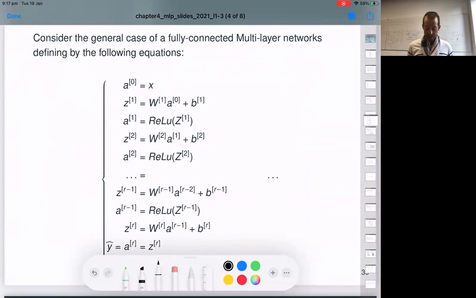So at each step, for each layer, the first layer hidden 1, the hidden 2, up to the hidden layer R-1, I use a ReLU activation function. And it's just an extension of the first example.